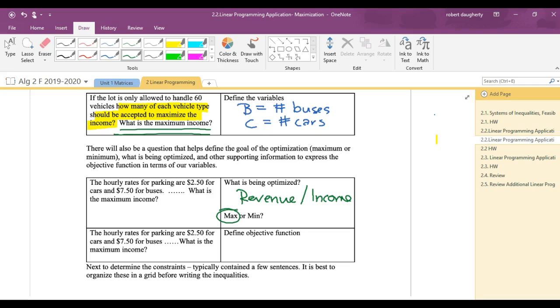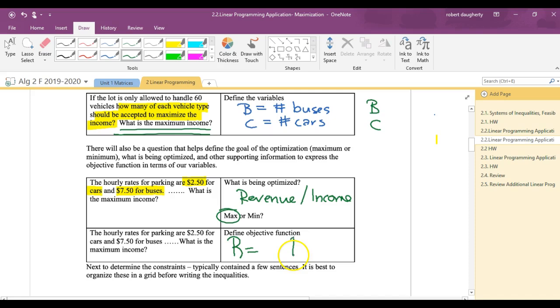If I look at this problem, it tells me that there are hourly rates, $2.50 for every car and $7.50 for every bus. So I'm trying to maximize the revenue. Because I listed my variables B and C, I want my objective function to be in terms of B and C and in that order.